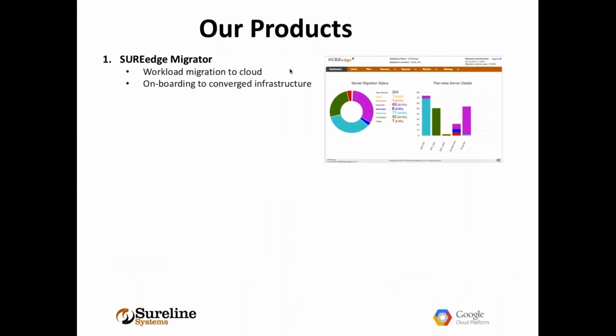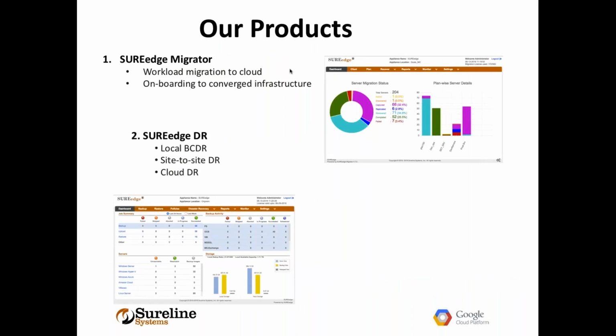Our products include the SureEdge Migrator, which we'll focus on today, and it's used for migrating and onboarding systems from anywhere to anywhere. This enables the migration of systems and data across incompatible environments for whatever reason you need to move them.